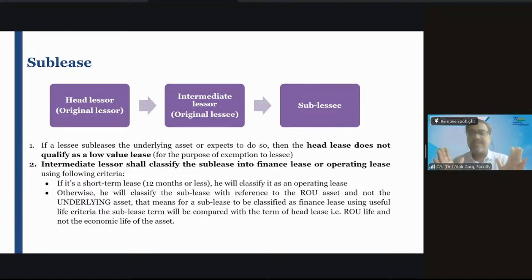But whatever is the lease component, as I told you, in case of a finance lease you have to de-recognize the asset and recognize the finance lease receivable. For recognizing the finance lease receivable, you have to compute the present value of the lease payments. Your lease payment is 1,02,000 only. This is how you do the accounting of the finance lease receivable. Okay? Okay, sir. Got it.